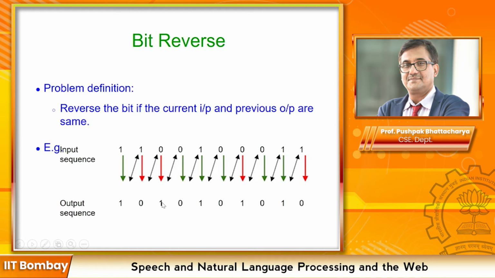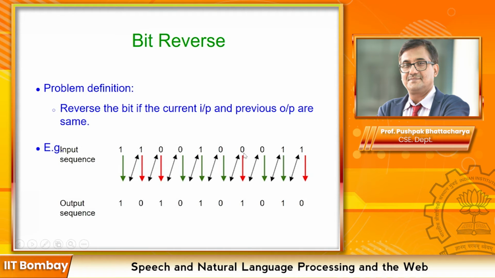You will get 1. Output 1, input 0: they are different, so the input is transferred and the output is the same as the input. So 0. Output 0, current input 1, different, so input gets replicated as output 1. Output 1, input 0, different, so input replicated as output 0.